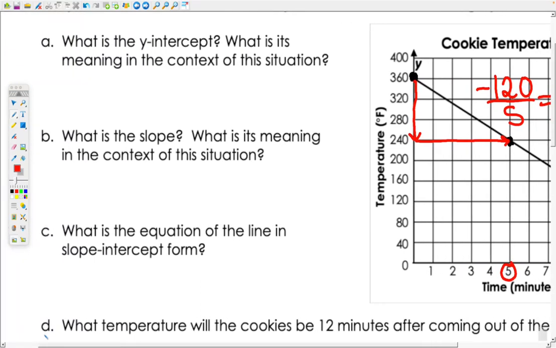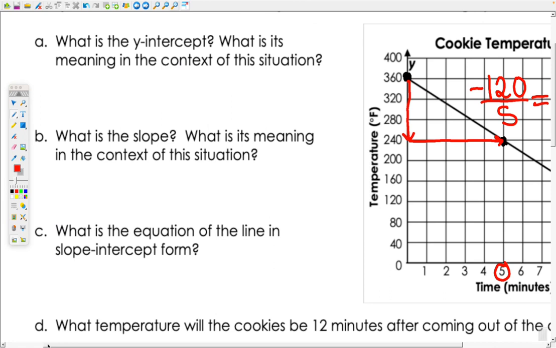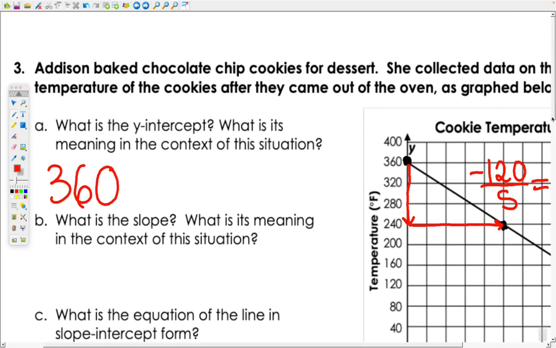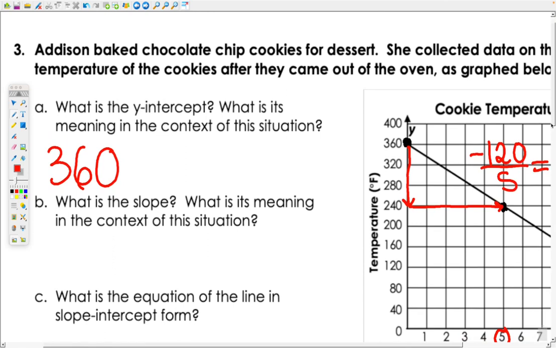What is the y-intercept? 360. Now, I done sat here and got the answer and didn't even read the word problem. Y'all, go back. Make sure you understand what it's saying. Up here, lock in, please. The starting temperature? Now, when you say the starting temperature, you understand that that's the starting temperature after she takes them out the oven.